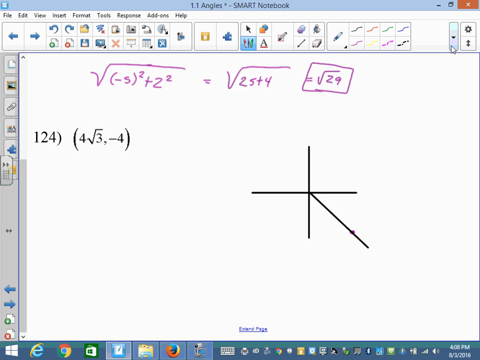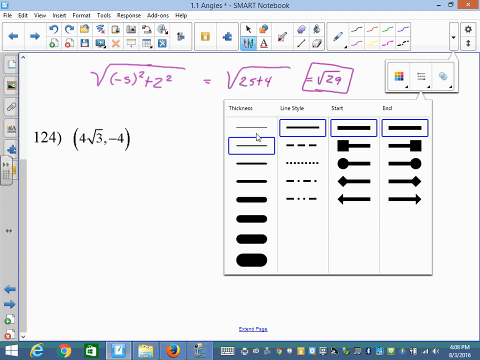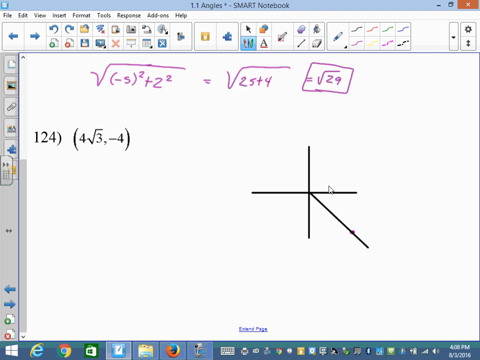We do not know if it's a positive or negative angle, so you have to go with the assumption it's positive unless you're told otherwise. So there is standard position. And then we can do the distance formula. Again, the other point is (0, 0).